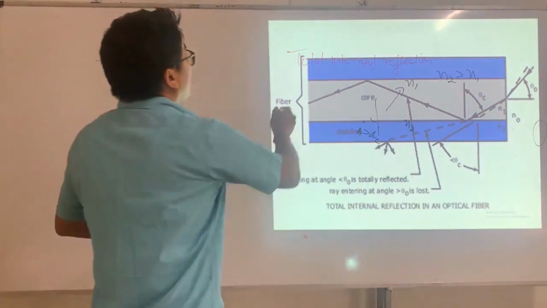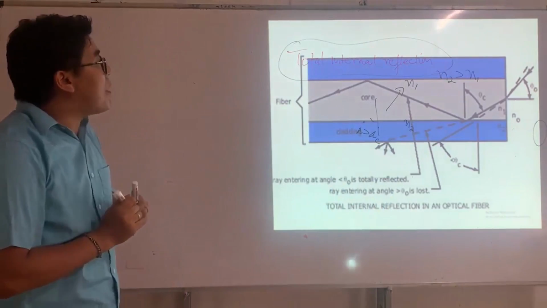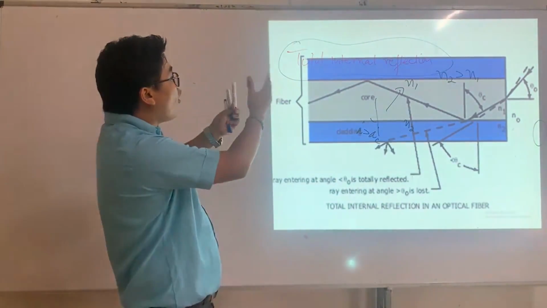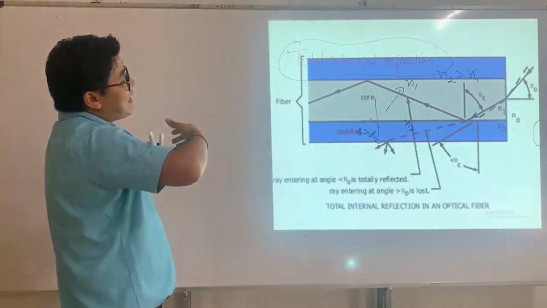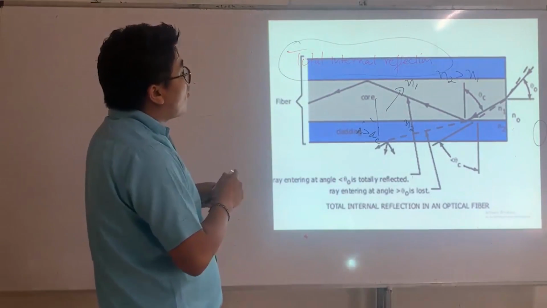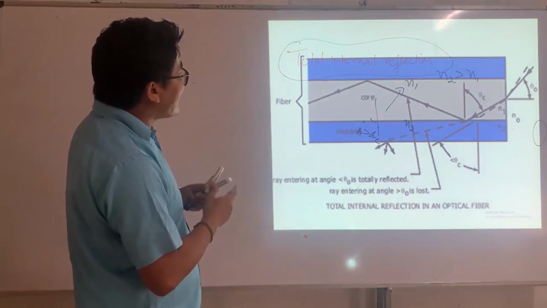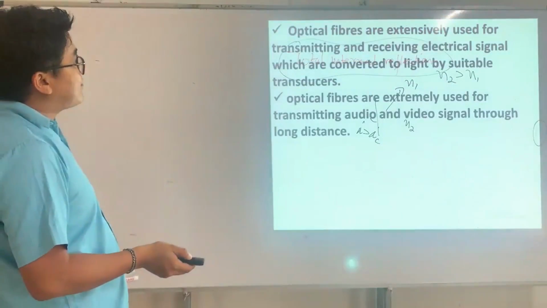The advantage is that with total internal reflection there is a minimum loss of signal. Since there is a minimum loss of signals, you can make a signal travel a much longer distance without losing much intensity. So this is the huge application of optical fiber.